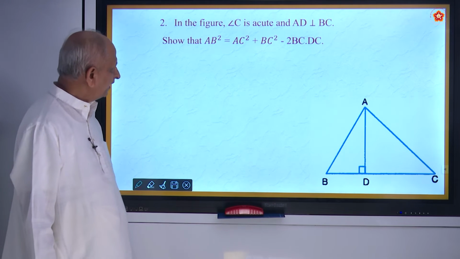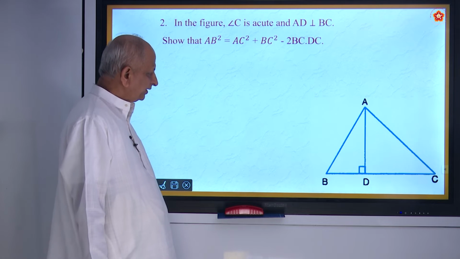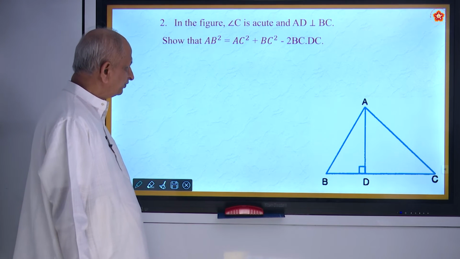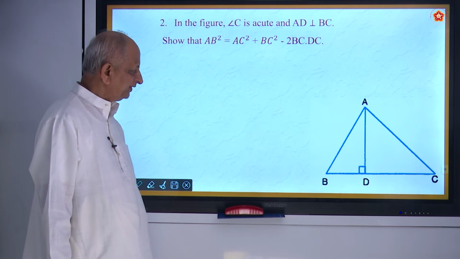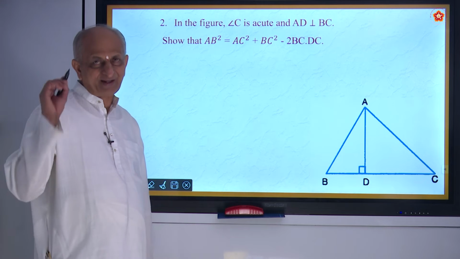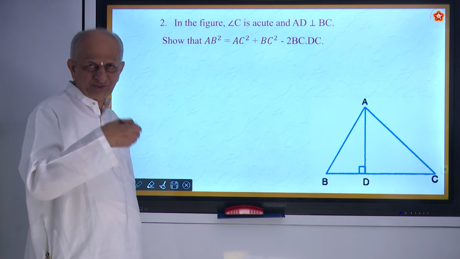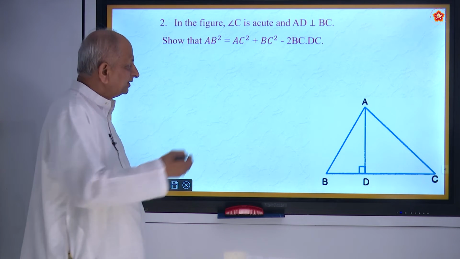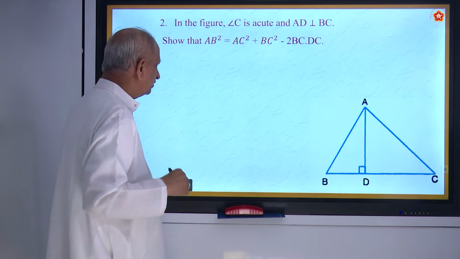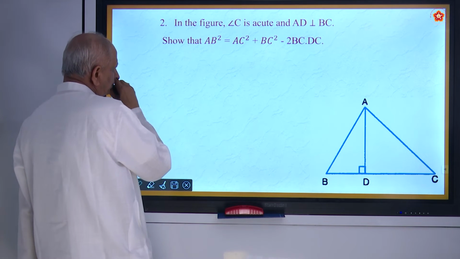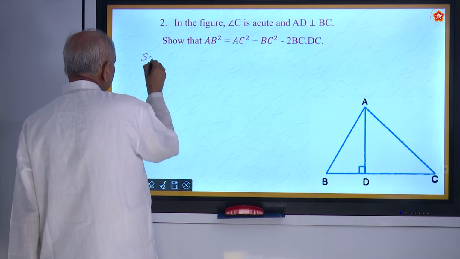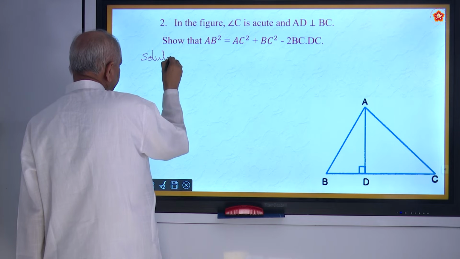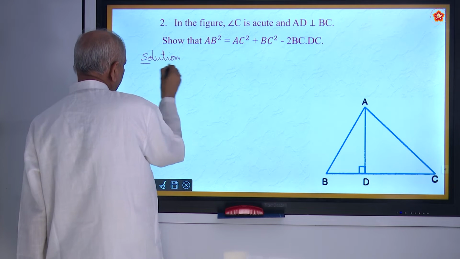Show that AB square is equal to AC square plus BC square minus 2BC into DC. This is called a rider. So far we have been seeing numerical problems. Here there are no numericals. You have to prove this step by step.